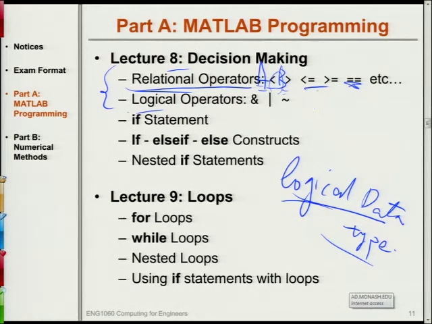Logical data type is like saying you have 0 and 1, but these 0 and 1 are not double data type. This 0 and 1 means A compared to B, and whether this comparison is true or not. If it's true, you use 1 to represent that the comparison is true. Otherwise, you use 0, which means false. So this is the logical data type and relational operator.